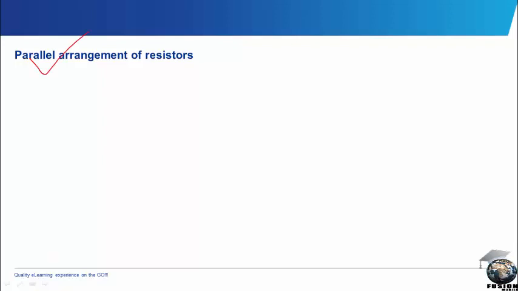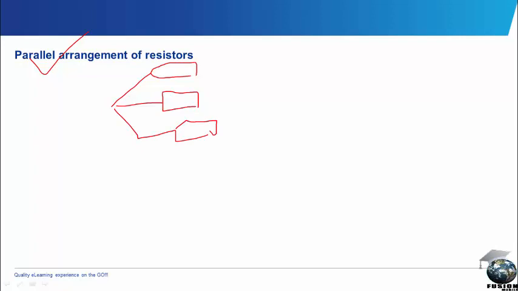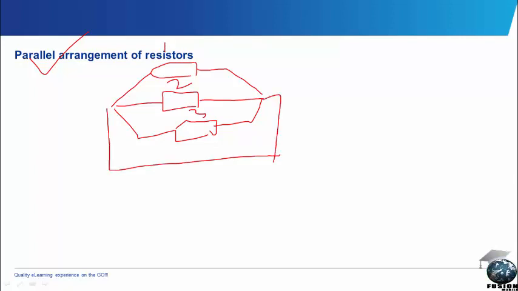In parallel arrangement, for example, if I have a set in this form, these are 3 resistors, like the first one, 1, 2, and 3. But this time around, they are in parallel.